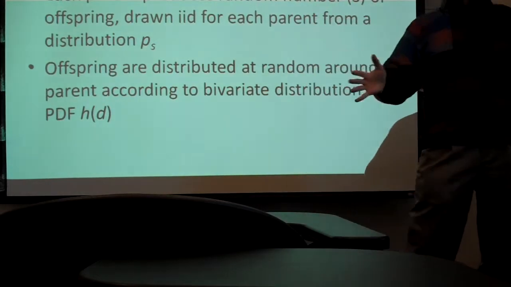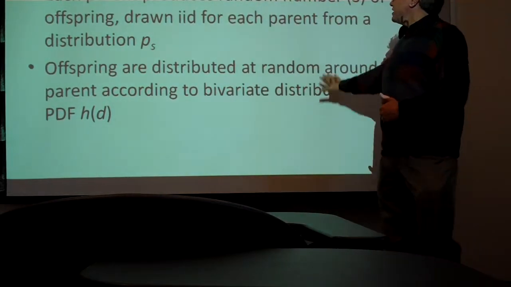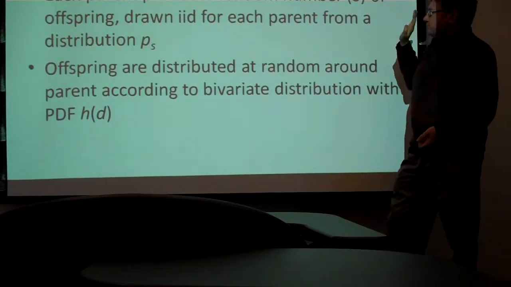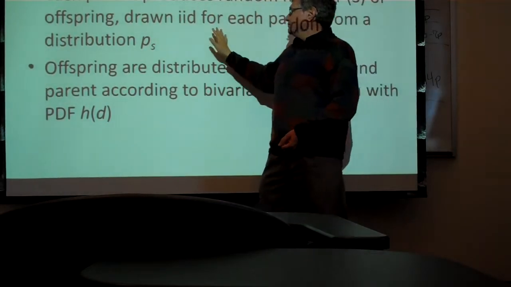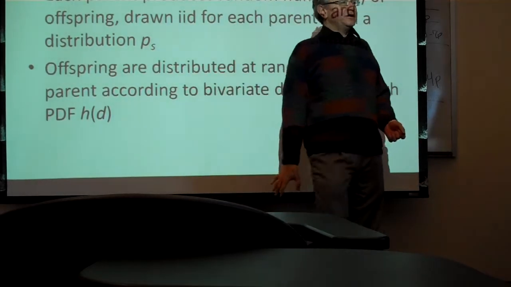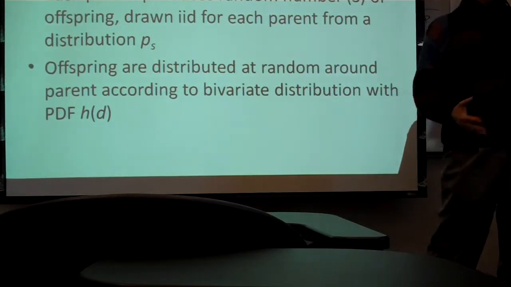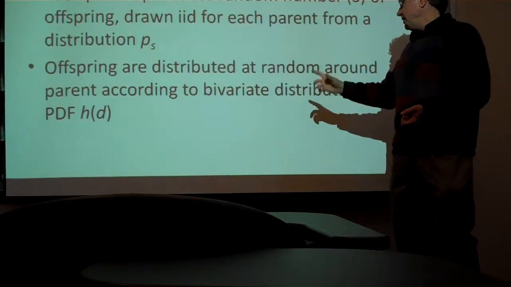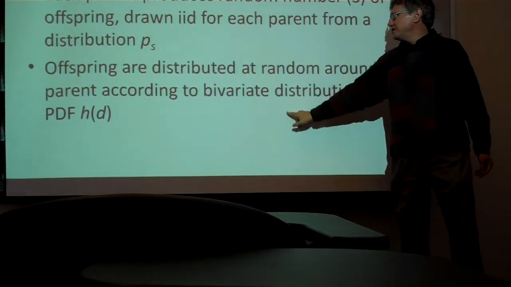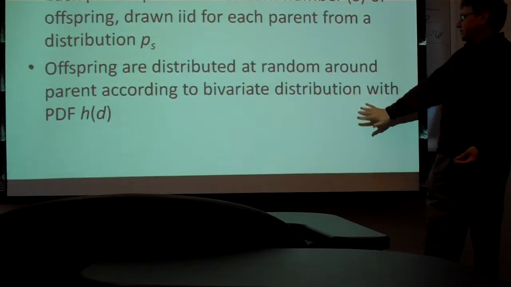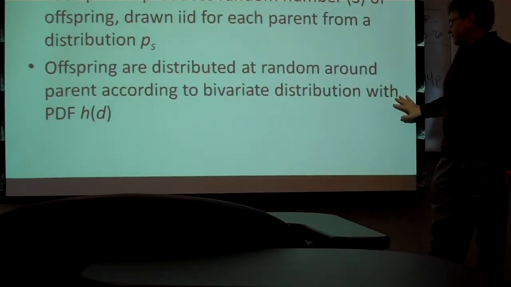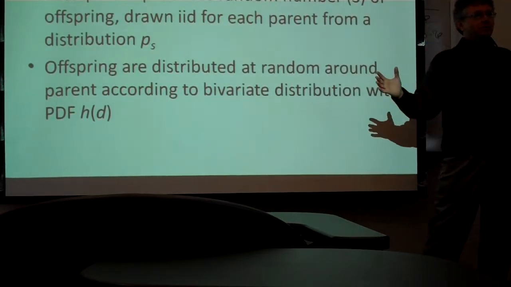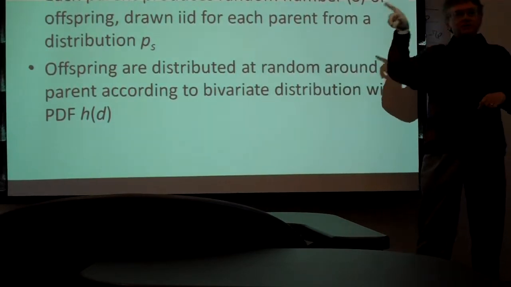Each parent then produces a random number of offspring, drawn from some probability distribution P sub S, which is the same for all individuals, so it's homogeneous across individuals. Those offspring are distributed at random around the parent according to some bivariate distribution. It could be a bivariate normal. It doesn't have to be radially symmetrical.